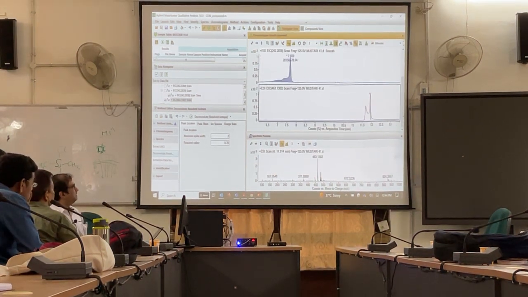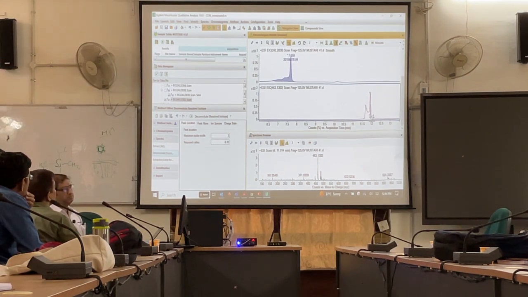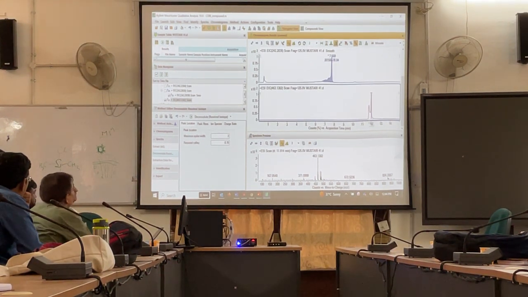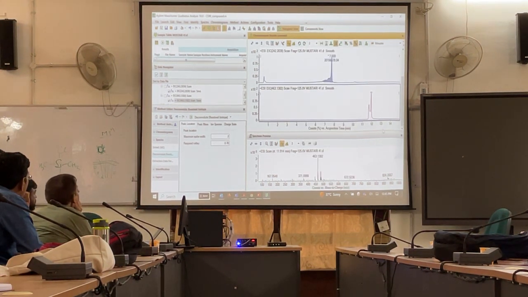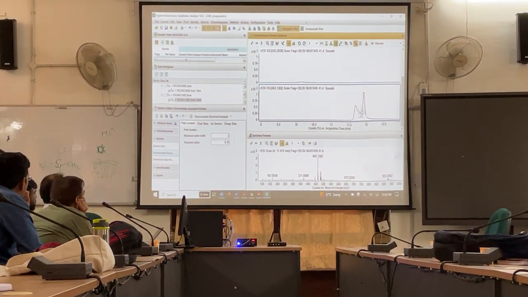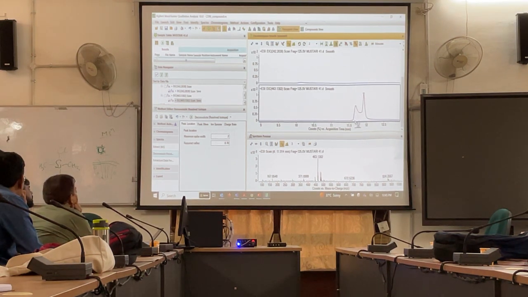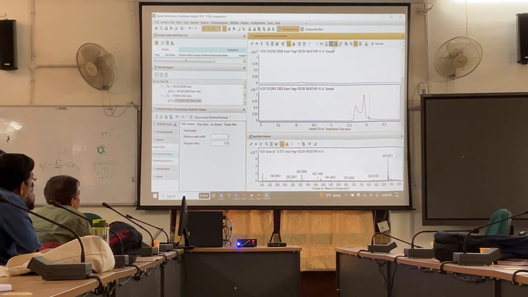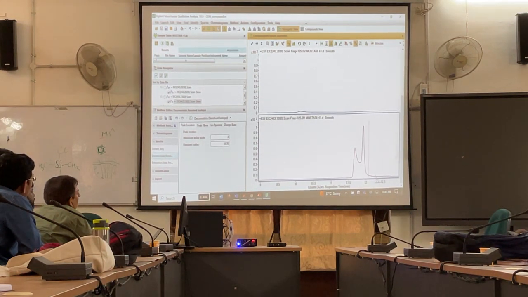But this is spreading into two peaks. The peak is splitting. This is what we call splitting of the peak, because it is at a higher concentration of organic. So splitting is most likely to occur. If I smoothen this, maybe it will go a little bit okay, but still the peak is splitting. If you apply some organic modifier, this will be avoided. But for the sake of considering abundance, we will consider both the peaks.